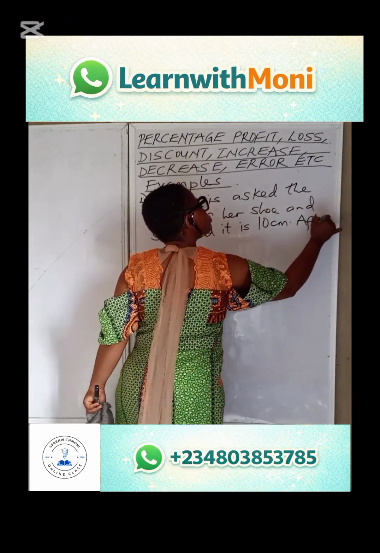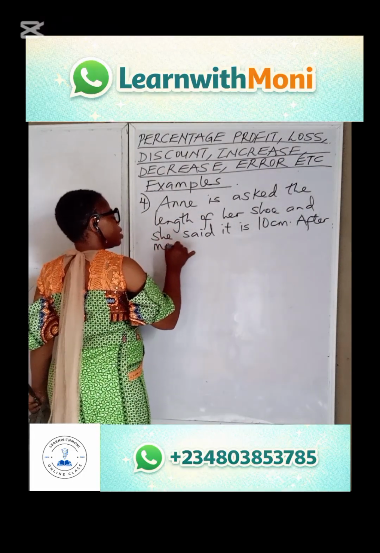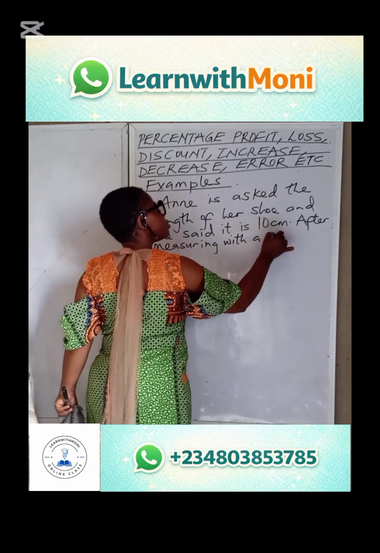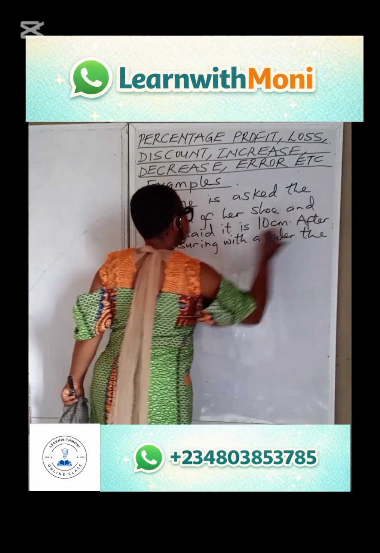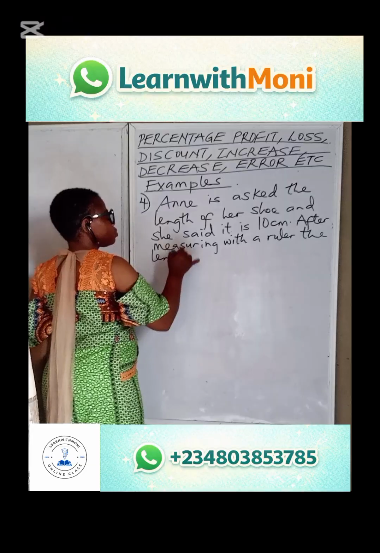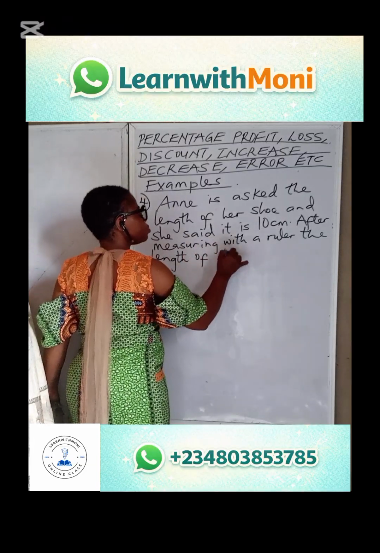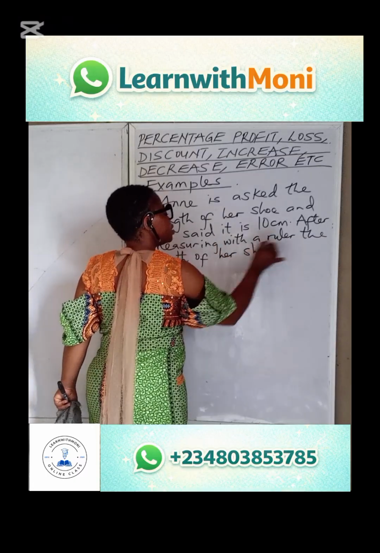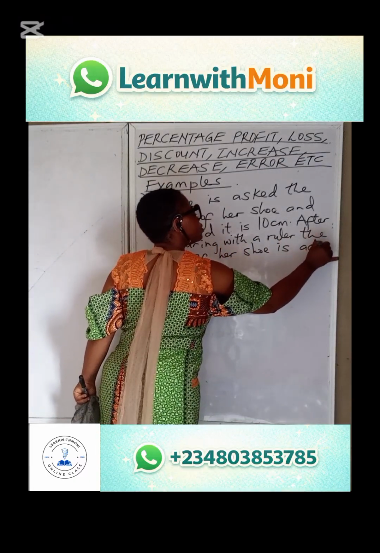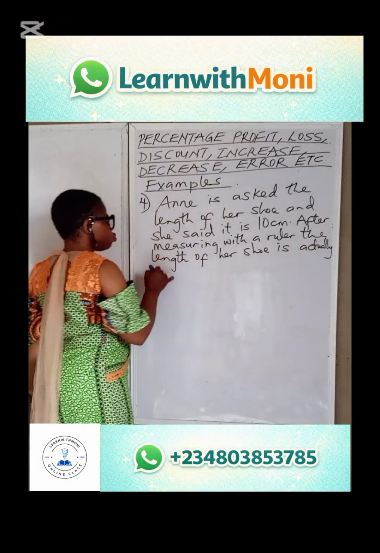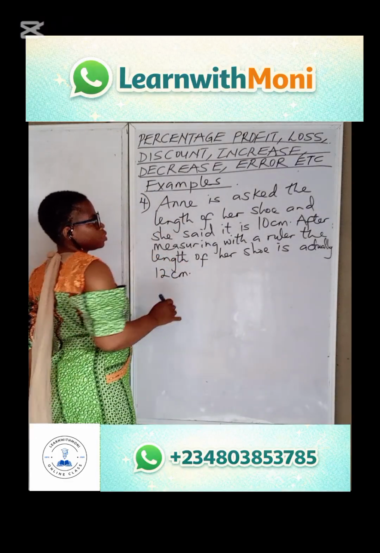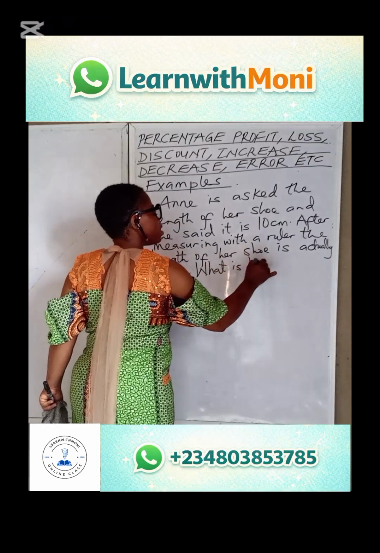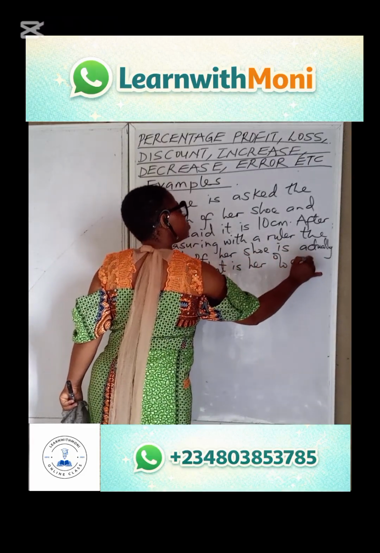After measuring with a ruler, the length of the shoe is found to be actually 12 centimeters. What is the percentage error? What is her percentage error?